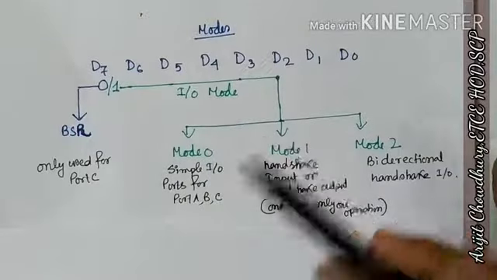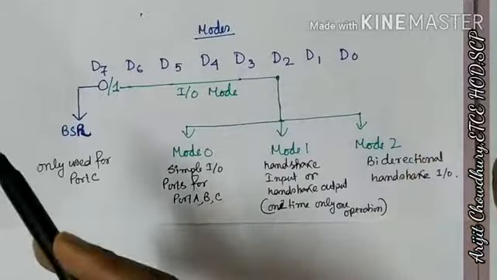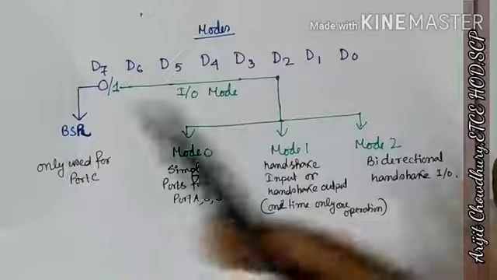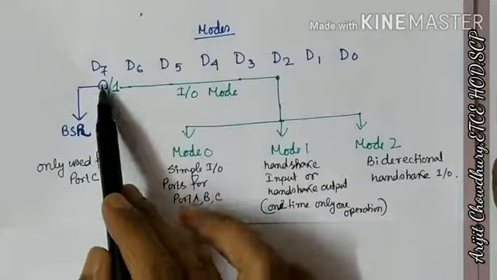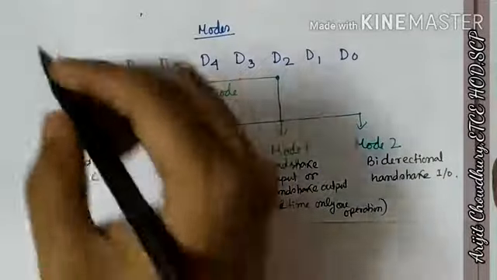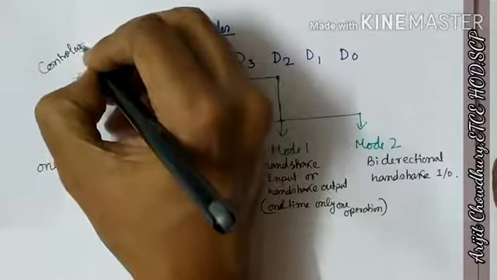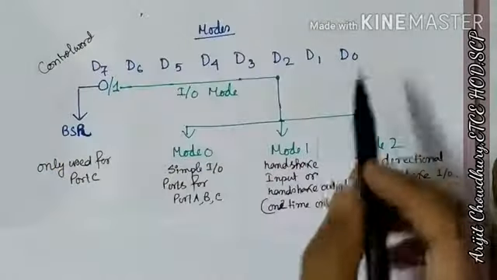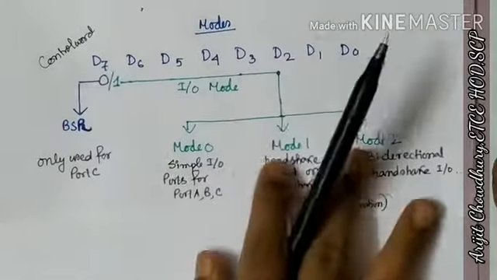Mode defines how data is transferred from the peripheral to the processor, or from the microprocessor to the peripheral. Here are actually two modes. D0 to D7 are the control word or data bus. These are the control word. Actually, D7 defines the mode.